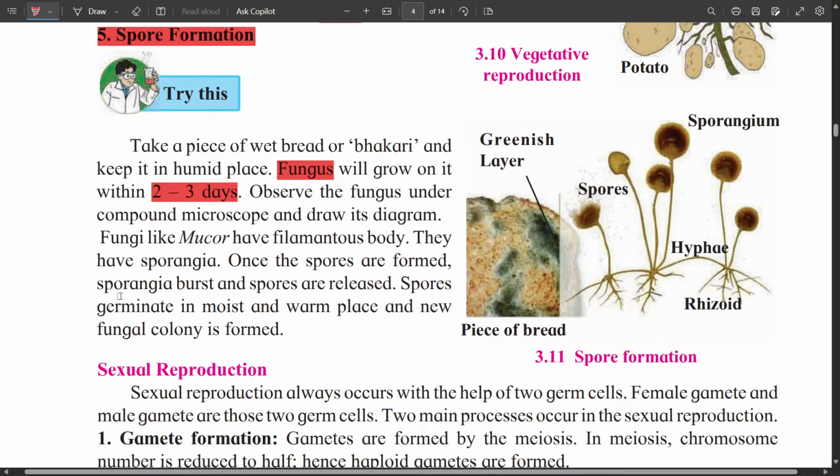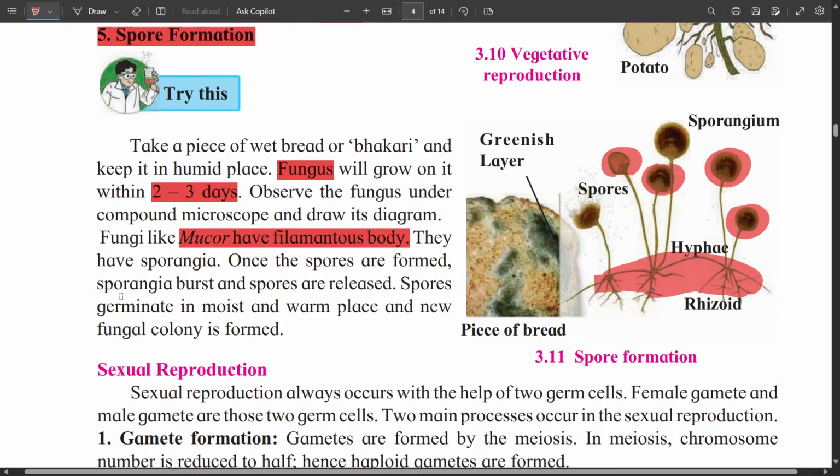Once these spores get favorable conditions, that is moisture and food, they grow into mucor having a filamentous body. Here you can see the filament, the rhizoids, and the sporangium developing. When these sporangia mature, they burst and spores are released into the surrounding environment.